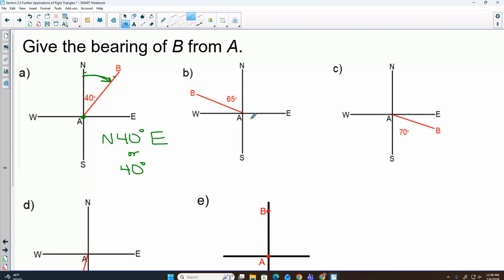All right, this one, from point A, how do I get to B? 65 degrees to the west. Or, second notation, from due north, how far do you have to spin to get there?